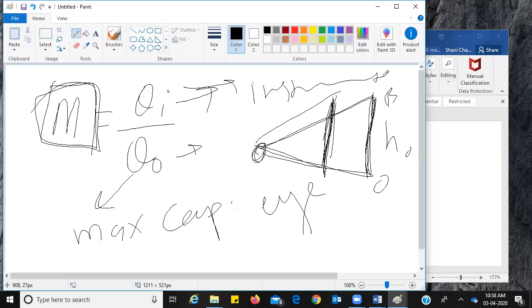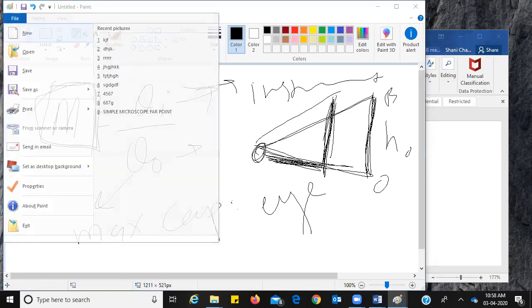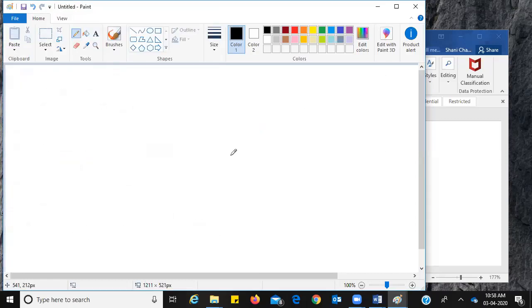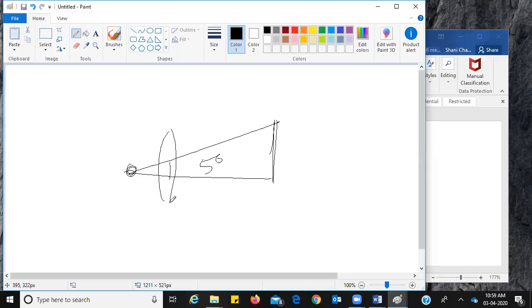For example, I'm keeping this object at 25 centimeters. This is my eye. If I'm keeping an object at this point, I'm getting an angle of 5 degrees. So now I can bring an instrument here, a lens, whatever.